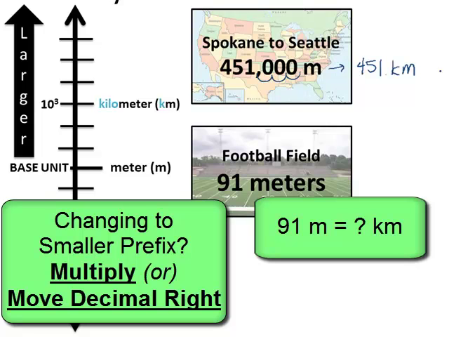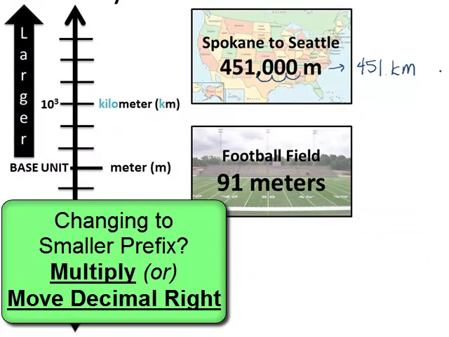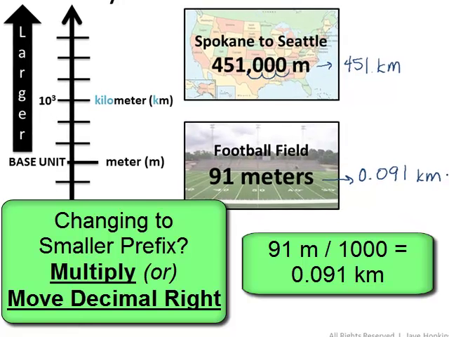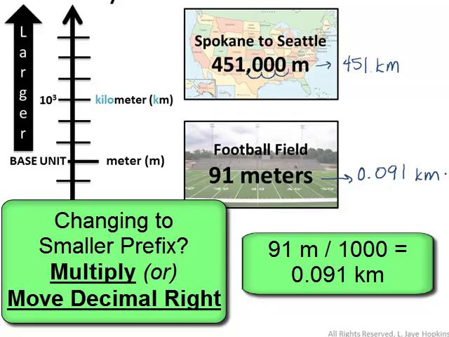In the case of a football field that's 91 meters long, I know that if I change this to kilometers, my value will change by an order of 1,000. Again, you can take 91 and divide it by 1,000, or you can take 91 and move the decimal point. In either case, whether you choose to move the decimal point by 3 positions, or whether you choose to divide by 1,000, you'll discover that there are 0.091 kilometers in the length of a football field.